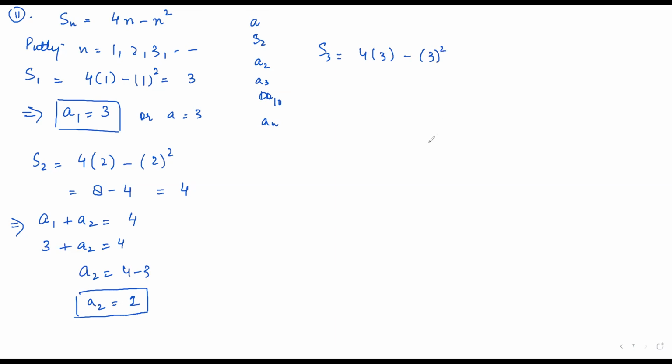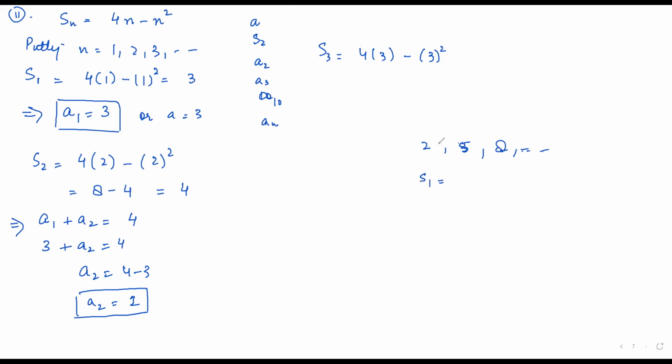In an AP, for example, this is the AP, let's say 2, 5, and 8. 5 minus 2 is 3. Now, what is the sum of one term for this AP?